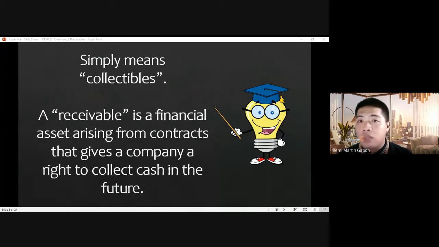They arise from contracts, so at least there must be two parties or persons involved in order to have contracts, and through that contract, receivables may arise. Why at least two parties? Because the other one will have the liability and the other one will have the asset.